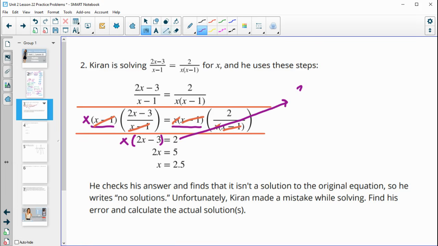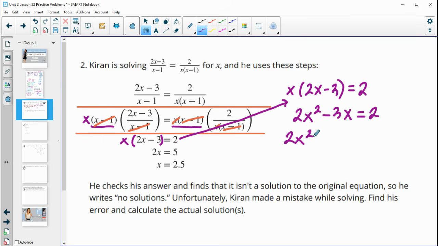So he should have had x times the 2x minus 3 equals 2. So then he'll distribute in the x here, and he'll get 2x squared minus 3x equals 2. So we'll bring that 2 over to this side by subtracting 2 from both sides.